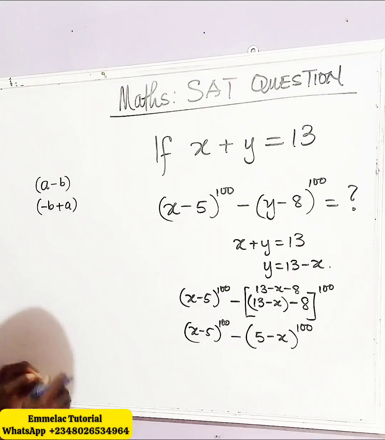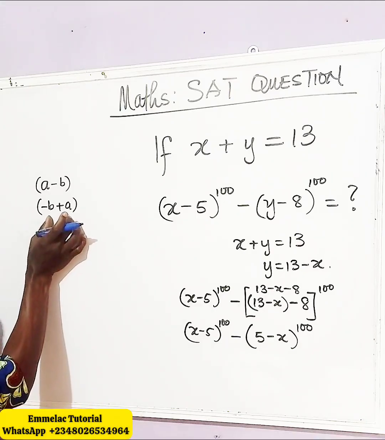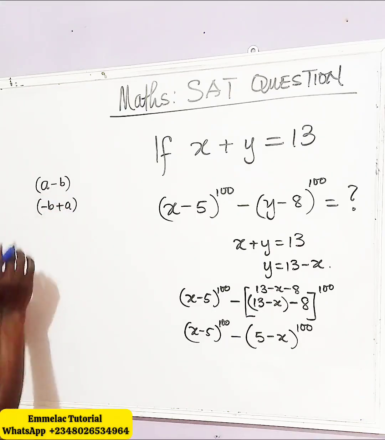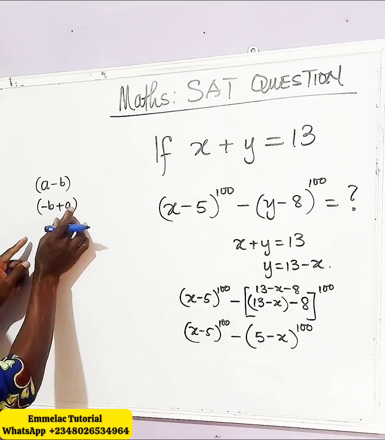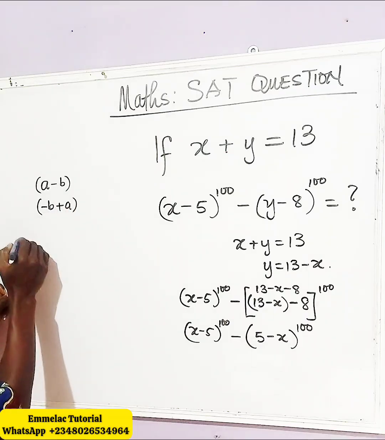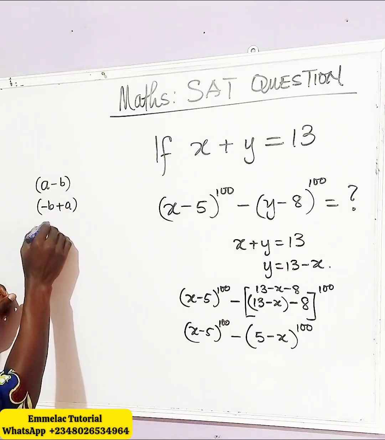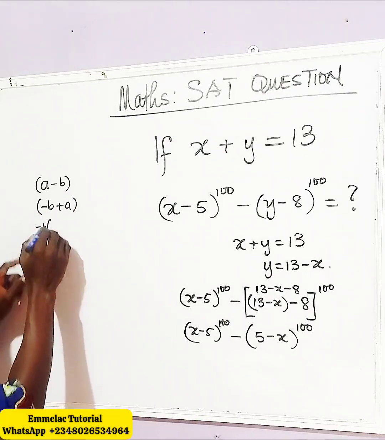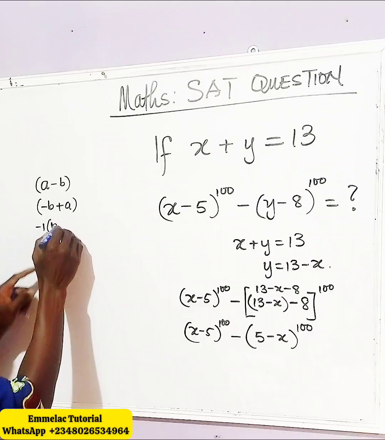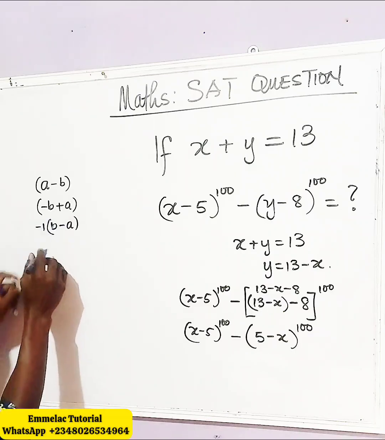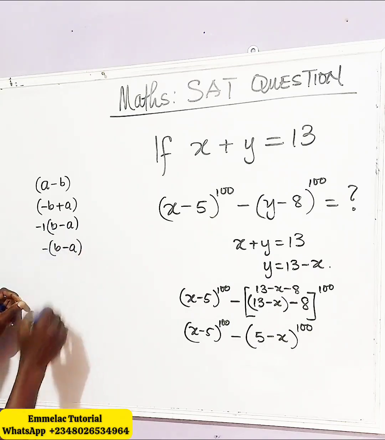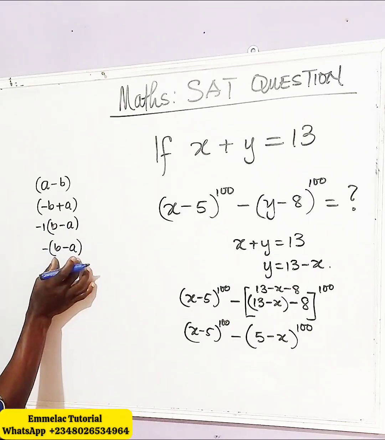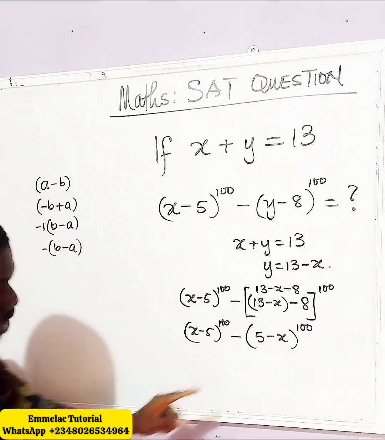And if we want to create the negative of this from this, all we need to do is to factor out minus 1. If you factor out minus 1, this side becomes plus and this one becomes minus, so we end up having negative (b minus a). So this now is the negative of this.